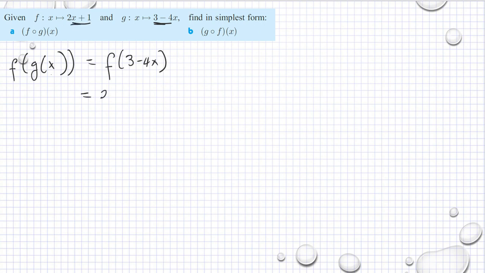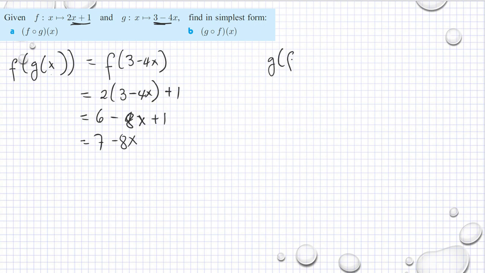So we have 2 times 3 minus 4x, plus 1. Then we have 6 minus 8x plus 1. Then we have 7 minus 8x. That's a composite function.